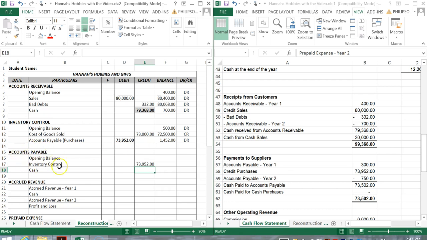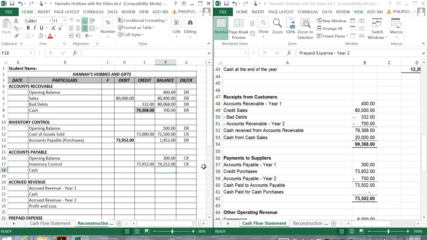Accounts payable has an opening balance. We go to our balance sheet. Our liabilities have an opening balance of $300 credit. Then we've got 73,000 credit here, so equals 300 credit plus the next credit gives us that balance there.